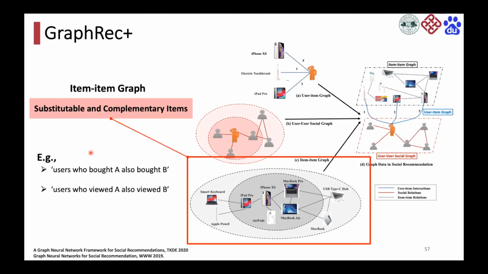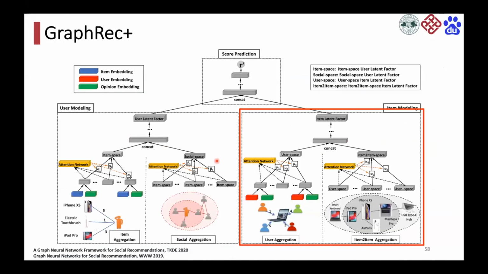For example, on some e-commerce sites like Amazon or Taobao, they allow users to navigate between products through a link, such as: a user who bought product A also bought product B; a user who views product A will also view product B. This paper extends the GraphRec model in social recommendation by incorporating this item graph for enhancing the item representation learning.